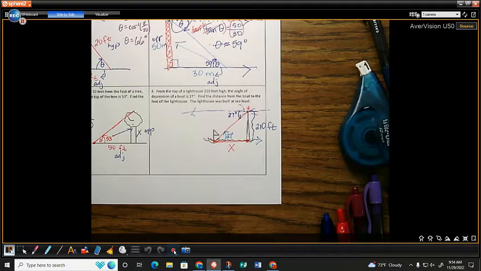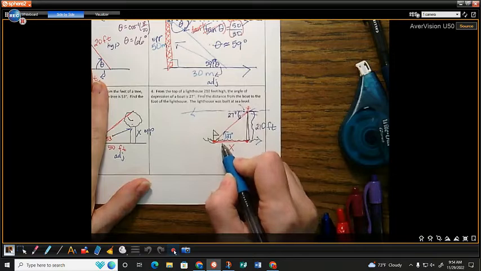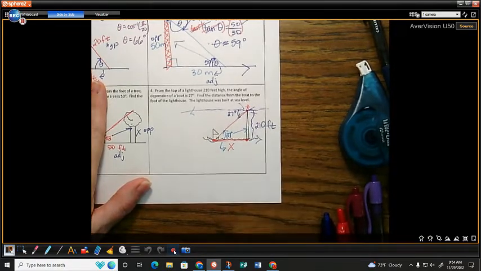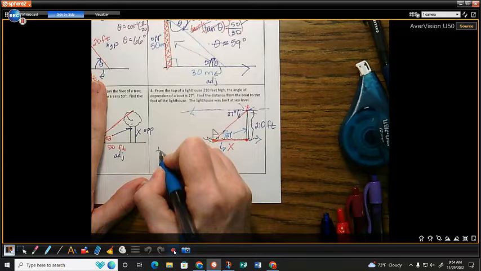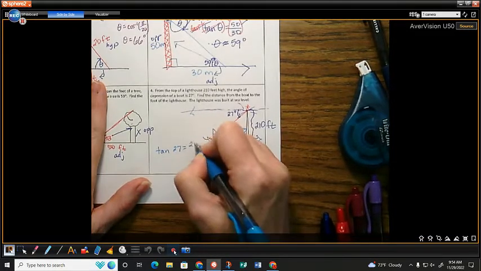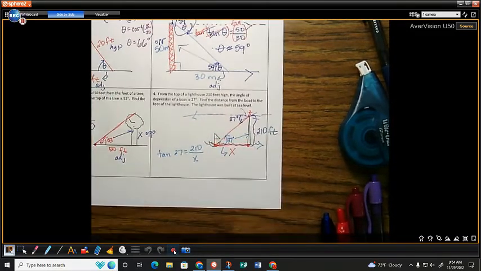Now to set this up, you could say I'm looking for an adjacent. I have the opposite, so I could do the tangent of the 27 is 210 over x. And then you would solve that the way you learned on day 1. How would you solve that?